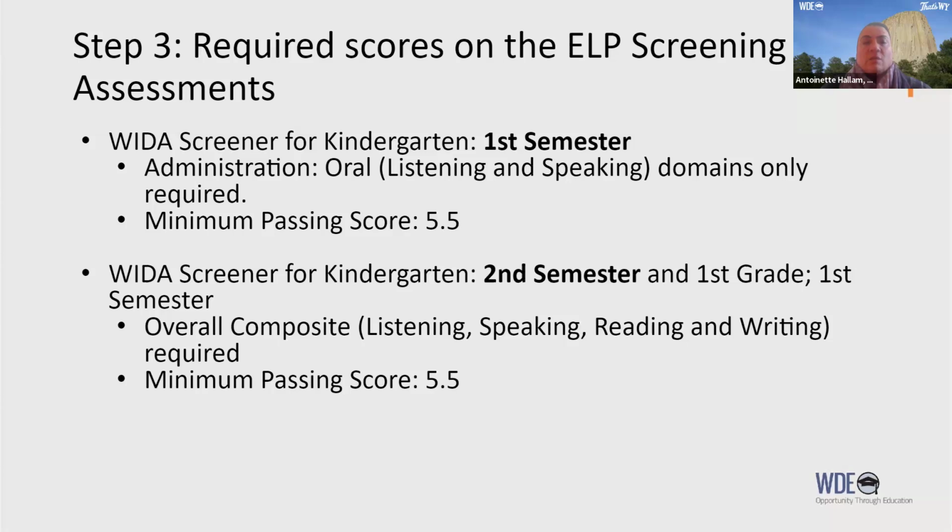The administration are the 2 domains of listening and speaking only, and the minimum passing score is a 5.5. The WIDA screener for kindergarten, second semester and first grade, the overall are the 4 domains required, listening, speaking, reading, and writing, with a minimum passing score of a 5.5.